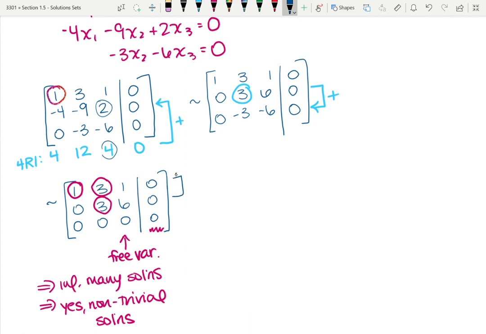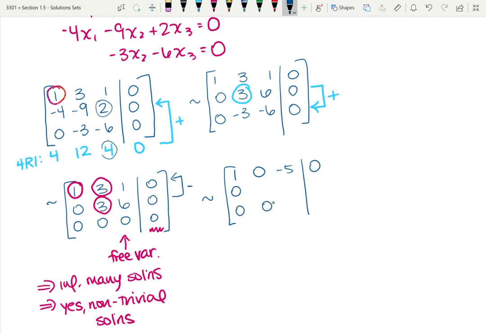And I am just going to subtract those. So I'll do 1 minus 0 is 1, 3 minus 3 is 0, 1 minus 6 is -5, 0 minus 0 is 0.